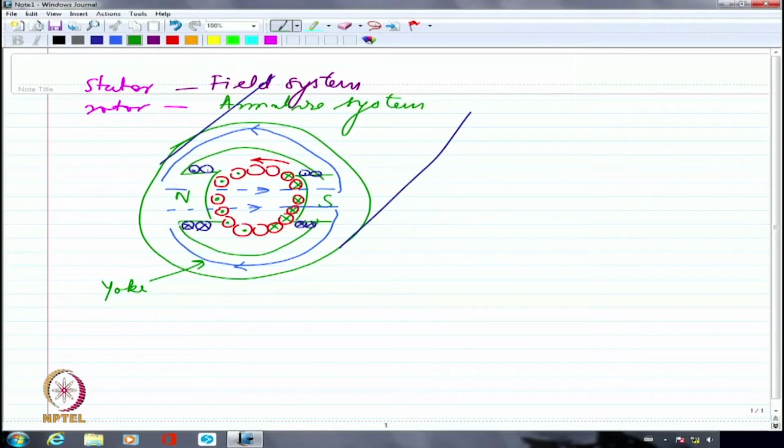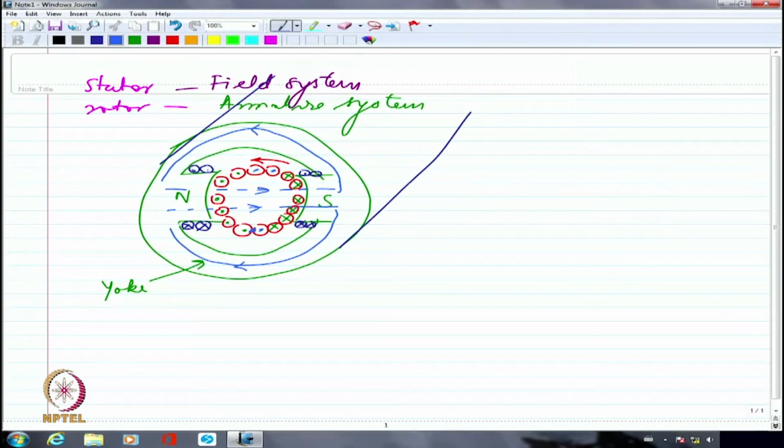The ones which are not really in the vicinity of any of the poles, like this one and this one, similarly maybe a couple of them here in the interpolar region. Interpolar region meaning in between the two poles, they will not have much of currents really, because they are actually in the cusp of the two poles.